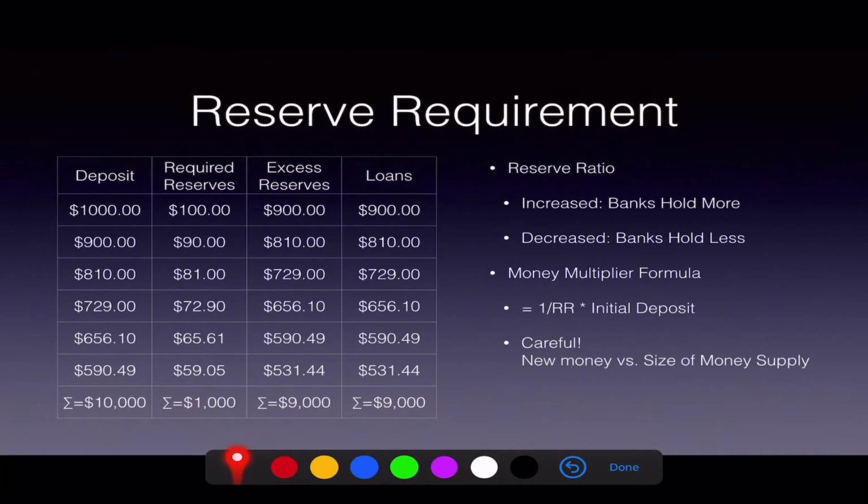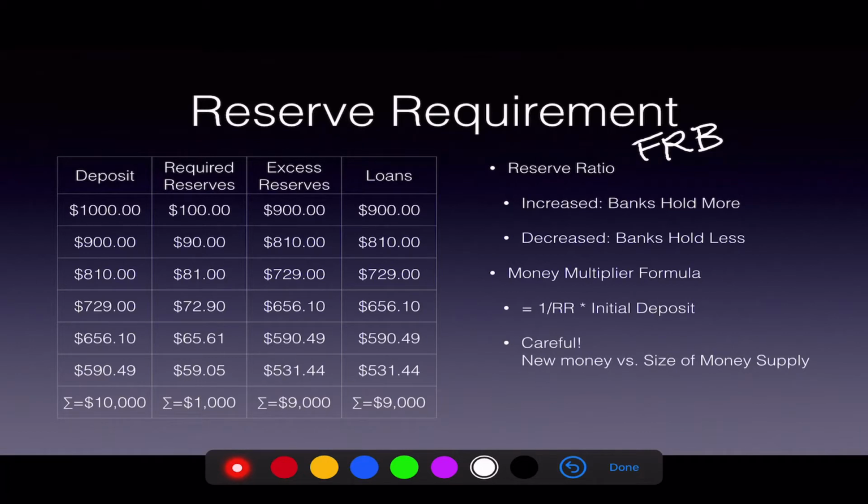You'll remember that the banking system in the United States is predicated on fractional reserve banking, which means that banks hold on to a portion of deposits and loan out the rest. And this is the way banks have operated since banks started to exist, essentially.